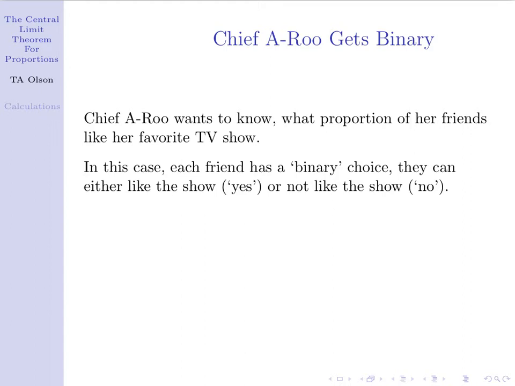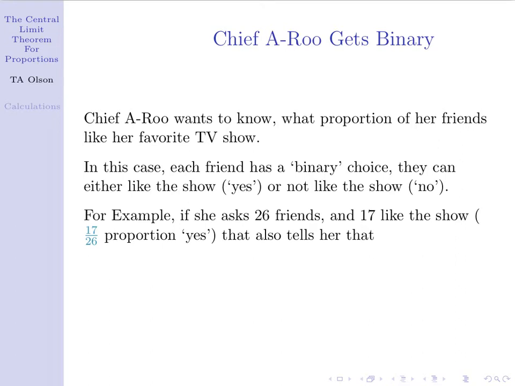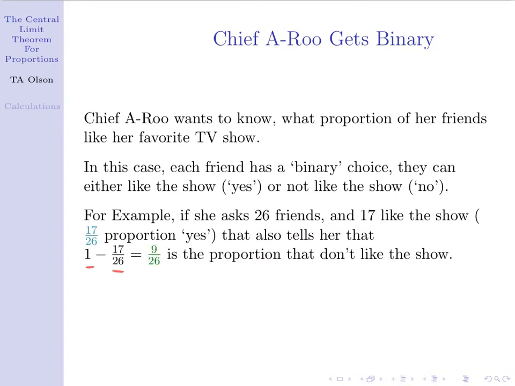There's only two options. For example, she asks 26 of her friends, and 17 of them like the show. The proportion is going to be 17 over 26. That's going to be the proportion of the yeses. But since it's a binary choice, it also tells her that 1 minus the proportion of yeses is going to be the no's, right?